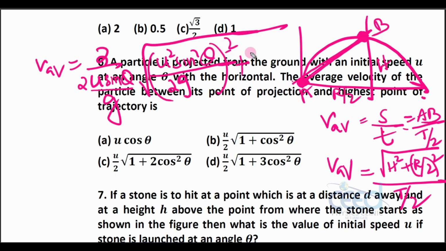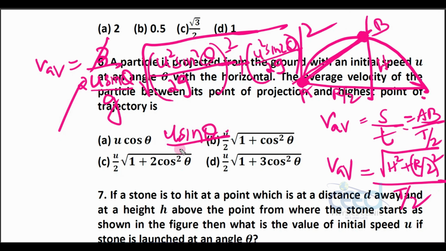Range by 2, the whole square, that is r by 2, that is 2u square sin 2 theta by g, and r by 2, another 2 comes, whole square. Now I can take 2 to cancel, here we can take u sin theta by 2g out, am I right?